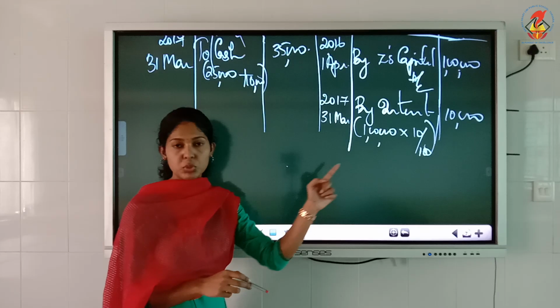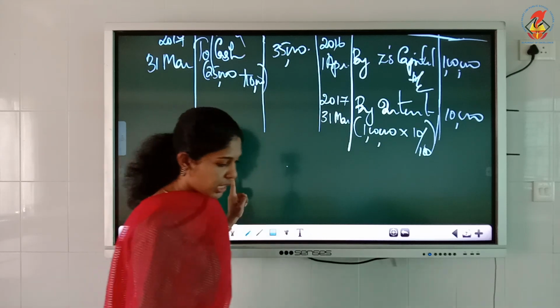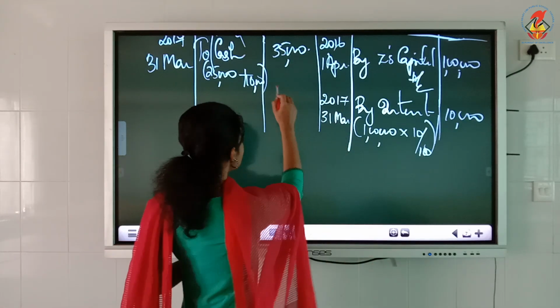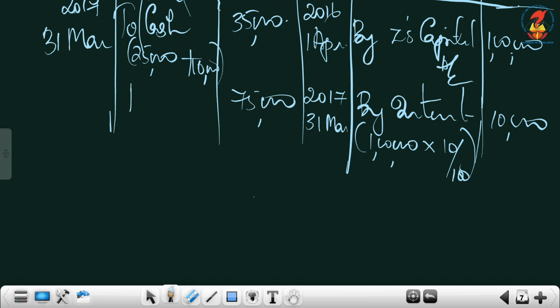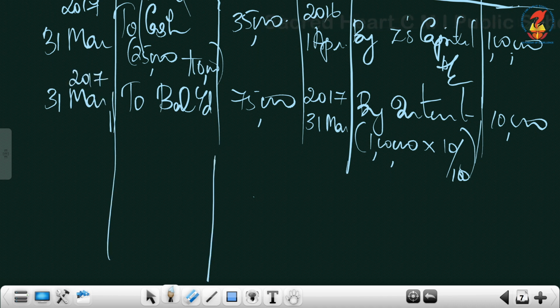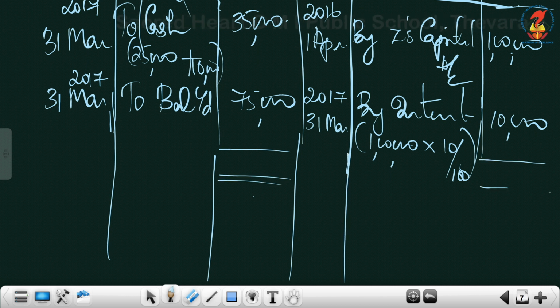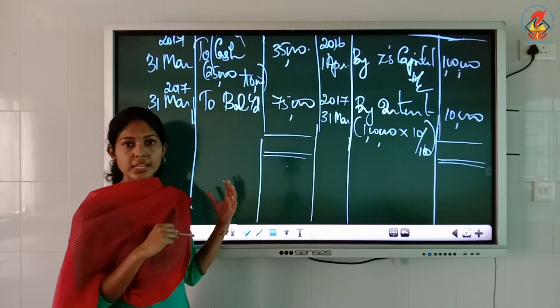Now, you can compute the balancing figure of the first year. Balancing figure is 75,000, which you can write as to balance carry down, and the date will be the same, 31st March 2017. Okay. You write totals and close it. So, that is the first year.